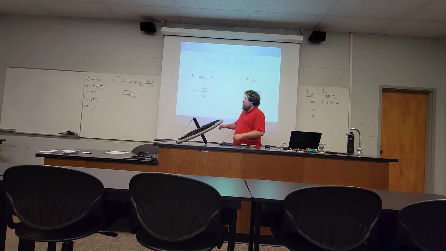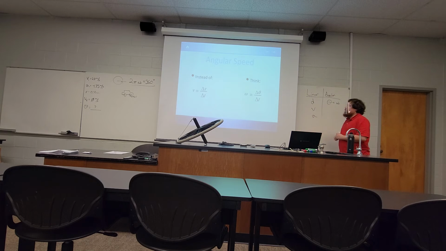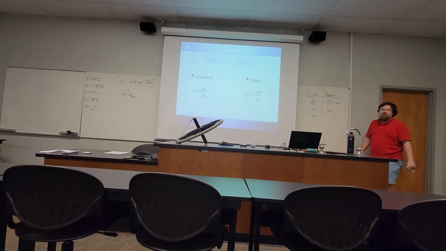So linearly, we have the old velocity definition. Velocity is displacement over time. The same formula, the same logic can be used to find angular velocity. This symbol is a lowercase Greek omega, although in practical terms it looks like a weird curly W. It is technically an omega, and so I will probably refer to it as omega on occasion.